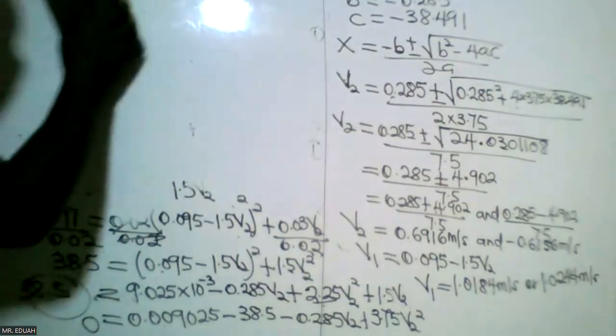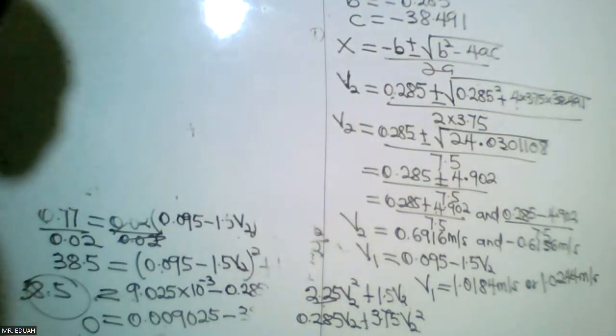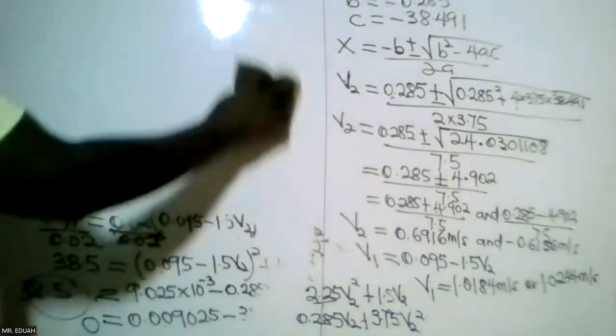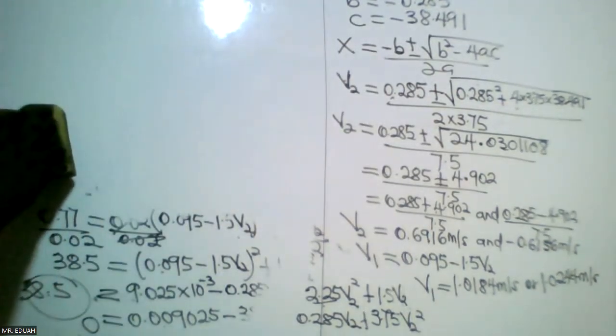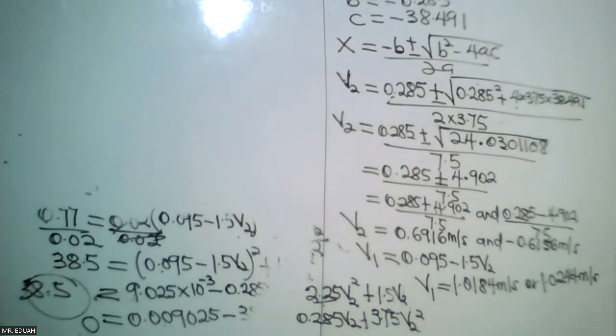And this is even for when they are moving in the same direction. Adwa, go ahead. Teacher, please, I have negative 0.942 for the 0.6916.